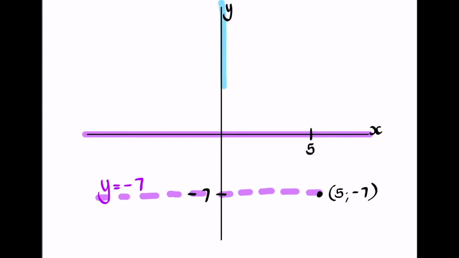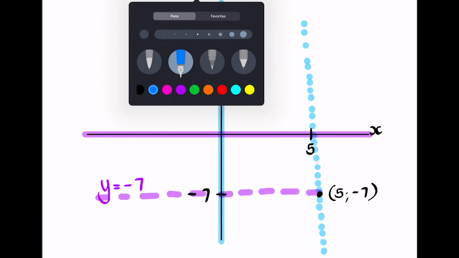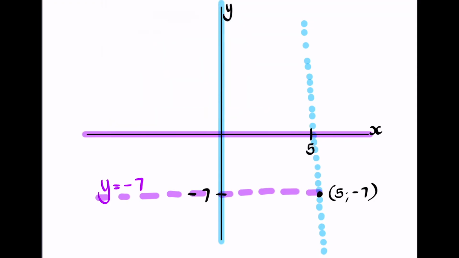Similarly, if I were to highlight the y-axis in, let's say, blue, then if I have a line parallel to the y-axis through this point, the line would go up like that. And that would have the equation x equals 5.